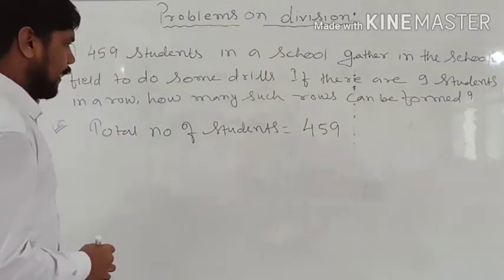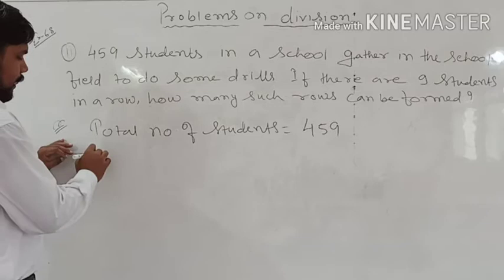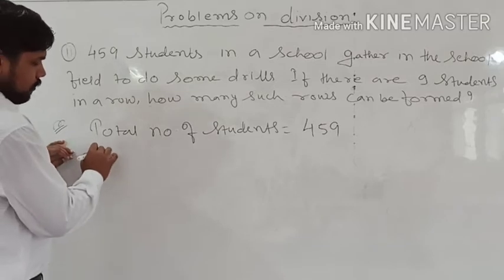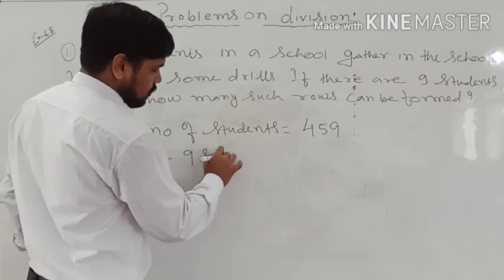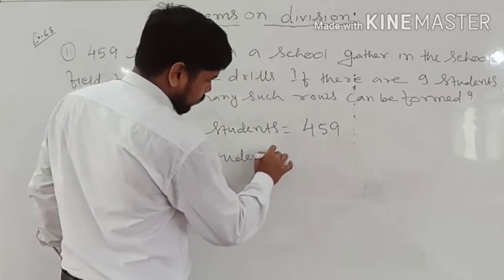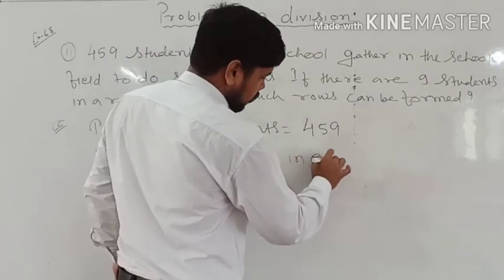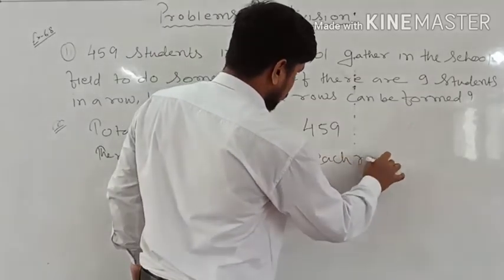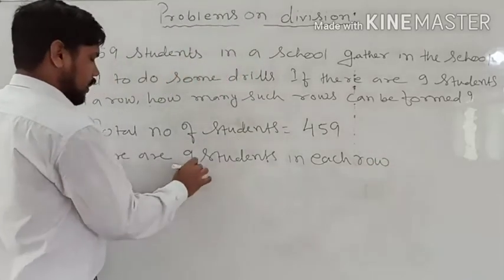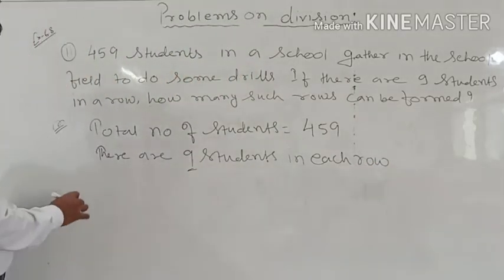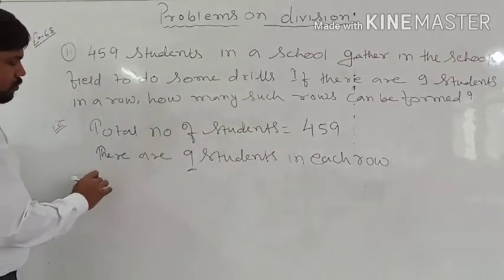Okay, and there are 9 students in each row. Okay, so 9 students are there in each row, therefore you have to find how many such rows can be formed.